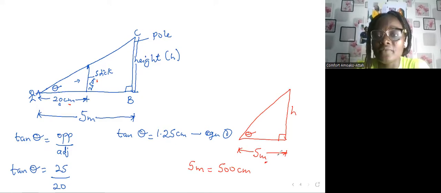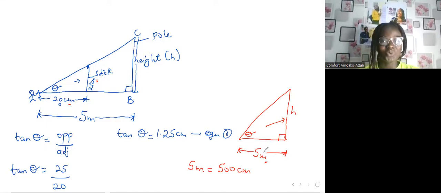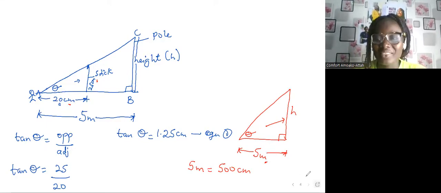Now you ask yourself again, which of the 3 ratios can you use to solve this? We have opposite, since the angle is directly opposite to the height, then adjacent to this side, 5 meters. So you are still going to use your tan over there.